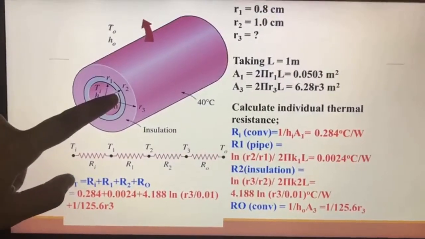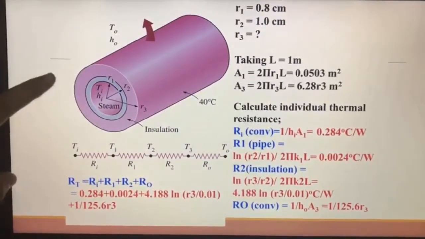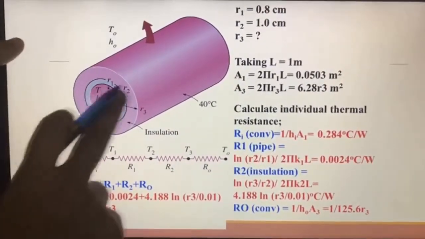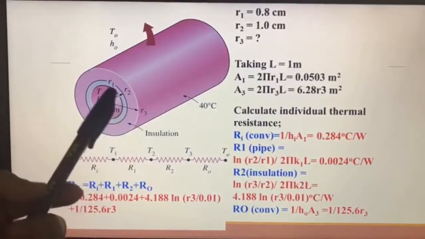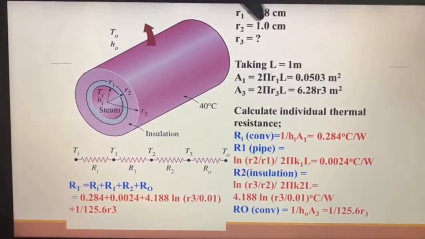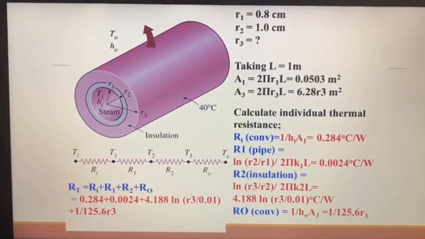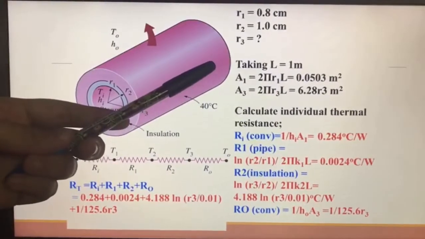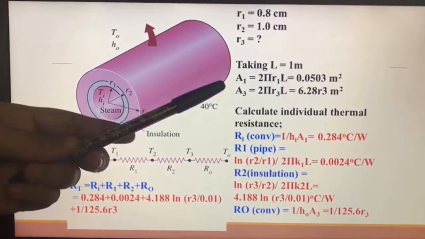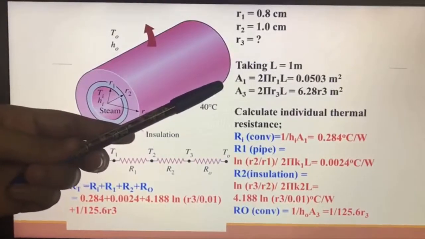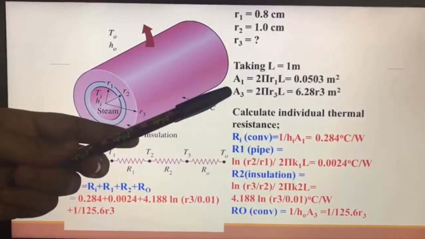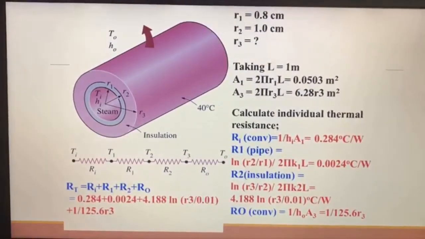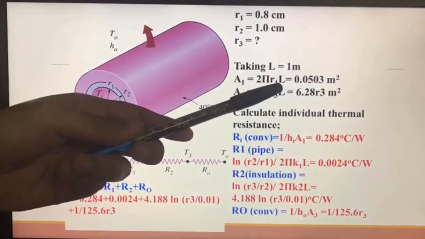The wall of insulation has been mentioned in the question, which is 0.2 cm. So untuk dapatkan R2, tambah 0.8 dengan 0.2, which is 1.0 cm. So kita nak cari R3. So kita assume L equal to 1 meter. So by using formula of area of cylinder, which is 2 pi RL, by substituting the R and L, we can get 0.0503 meter square.